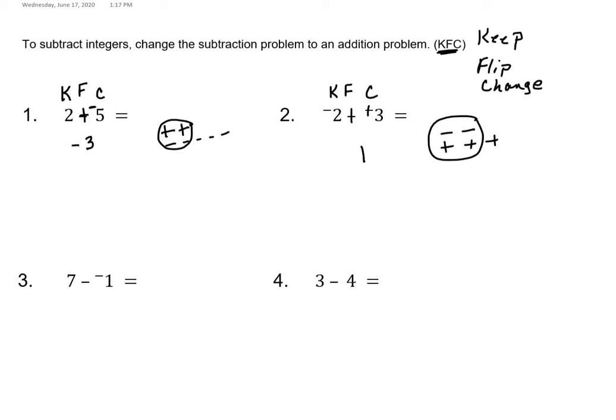Now, you also need to realize that once you do a few of these, really what you're doing here is just changing from subtraction to adding the opposite. The KFC thing is just sort of a little trick to help you get started on learning that.